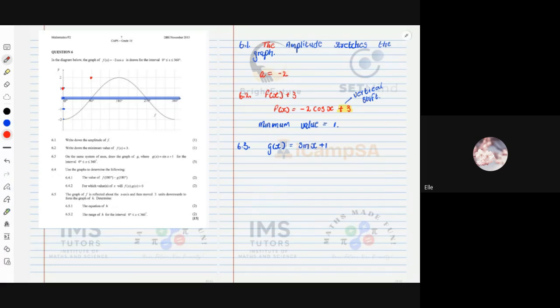At 180, simply use a calculator, it's 1 again. Then we go to 270. You can already see that the period is 360, even though it was not asked here, but that's just a general rule. Sine 270 plus 1 is at 0.